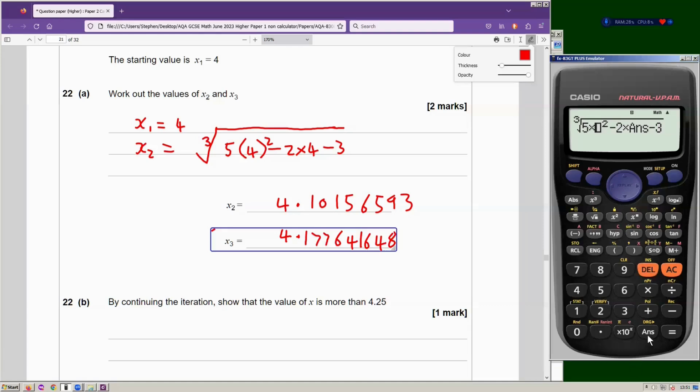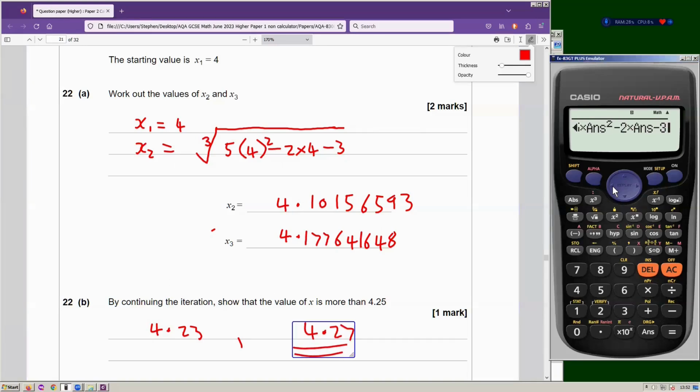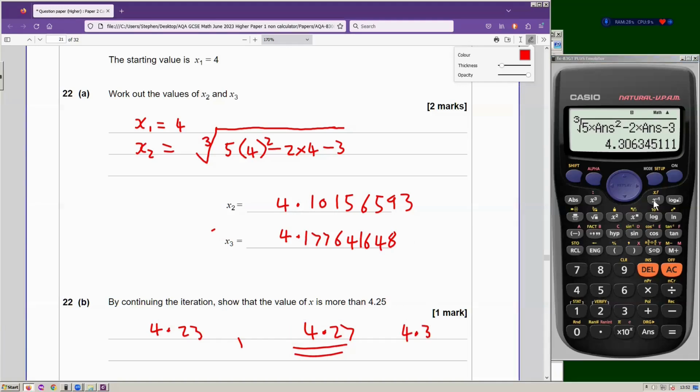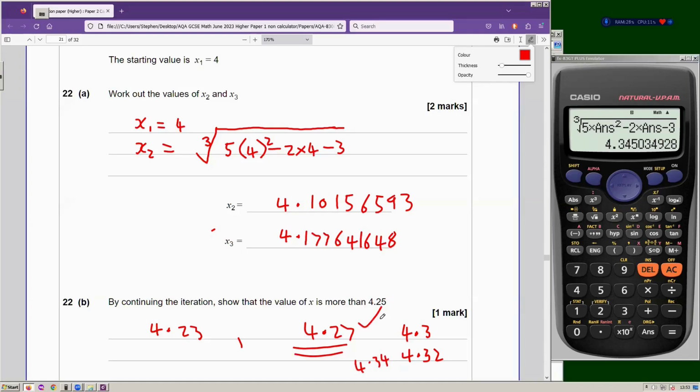Delete that, put the answer in. 4.23. Okay, that's good enough.